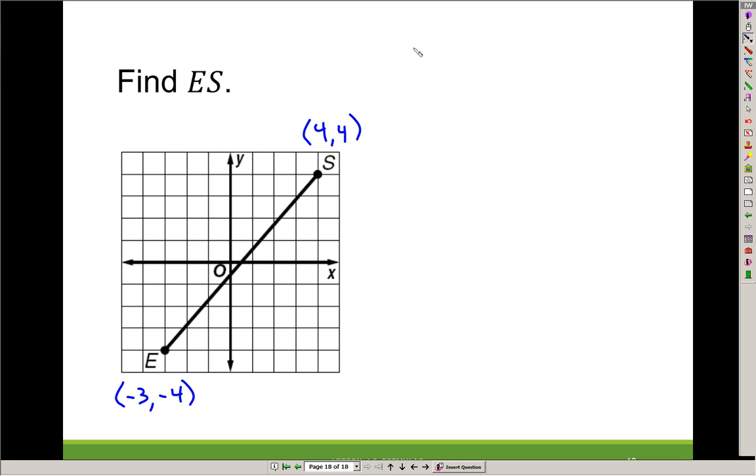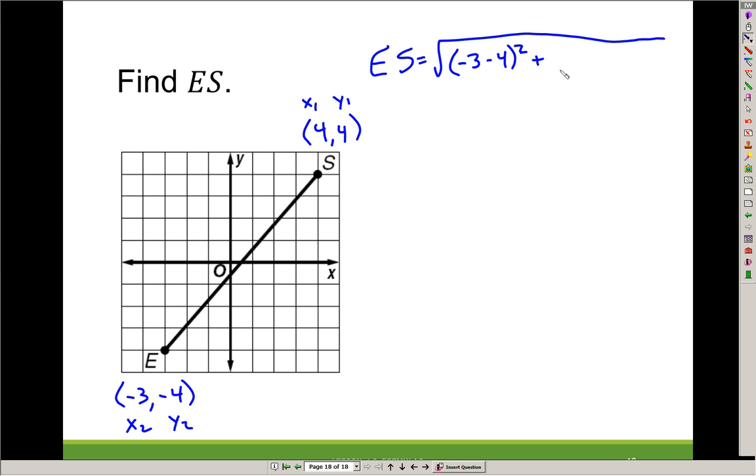And the distance, remember it's your big old square root. We will say that this is x1, y1, and this is x2, y2. Second x minus first x squared plus second y minus first y squared. That's a -7 squared.